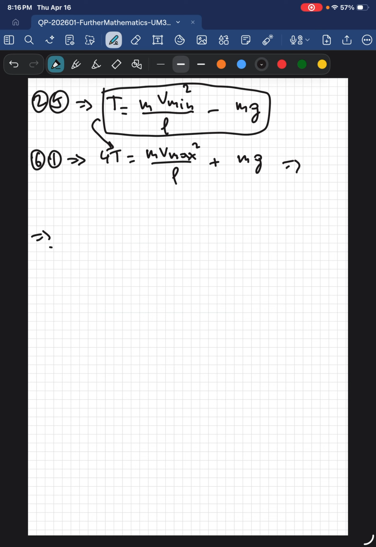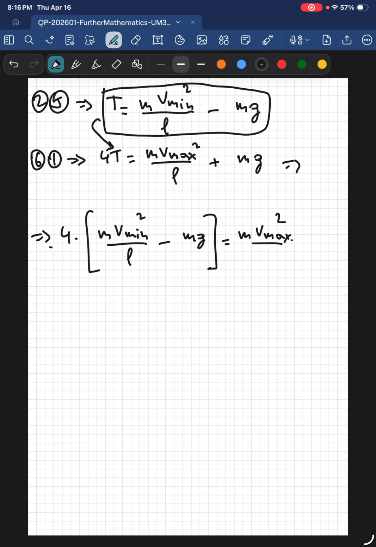We will get 4 times m v minimum squared over L minus m times g is equal to m v max squared over L plus m times g. And these masses cancel now. We get this nice cancellation.